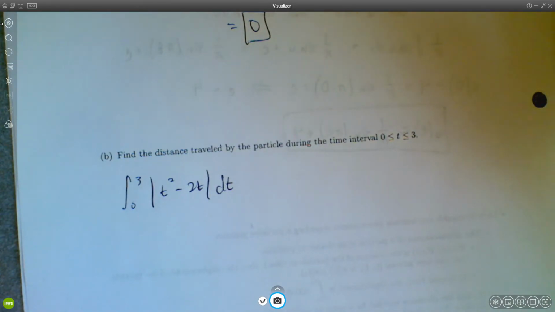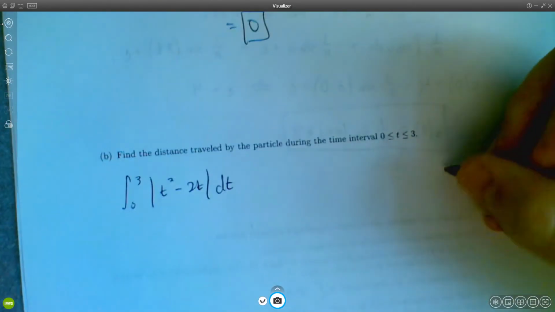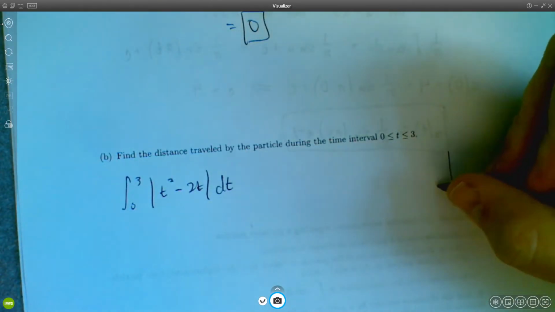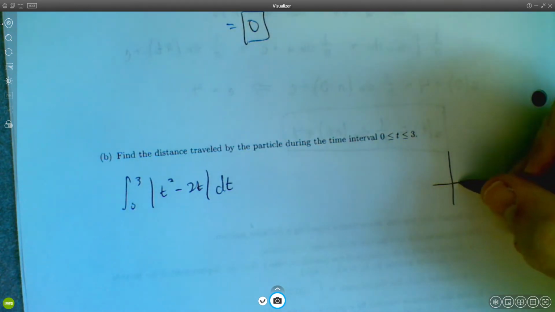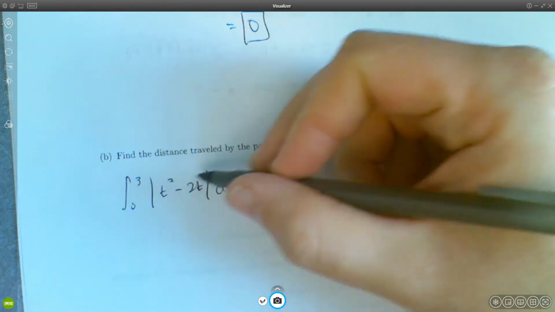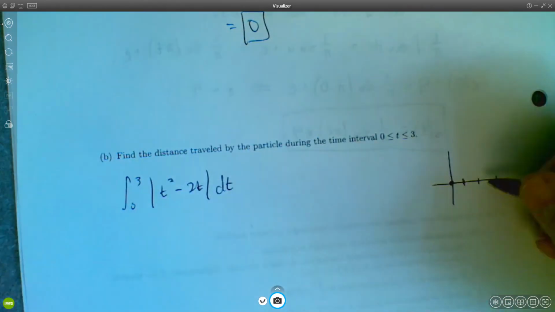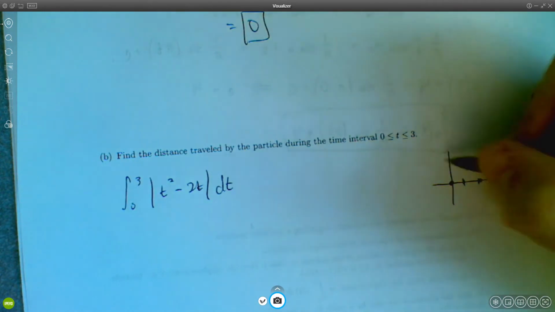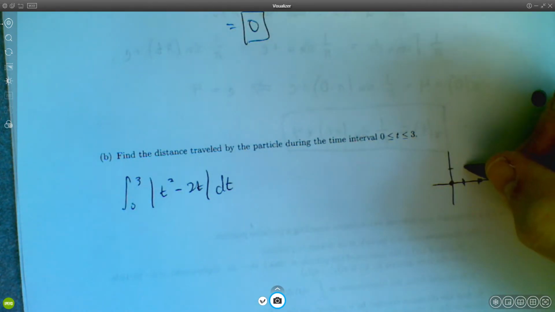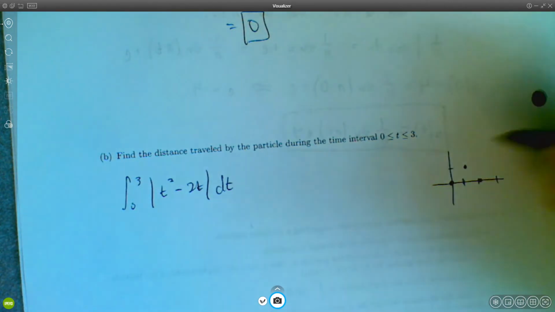So let's see. t squared minus 2t is going to look like this. So 0, 1, 2, 3. One place where it's 0 is right at 0, and another place where it's 0 is at 2, right? And being a symmetric thing, its vertex is probably right there.